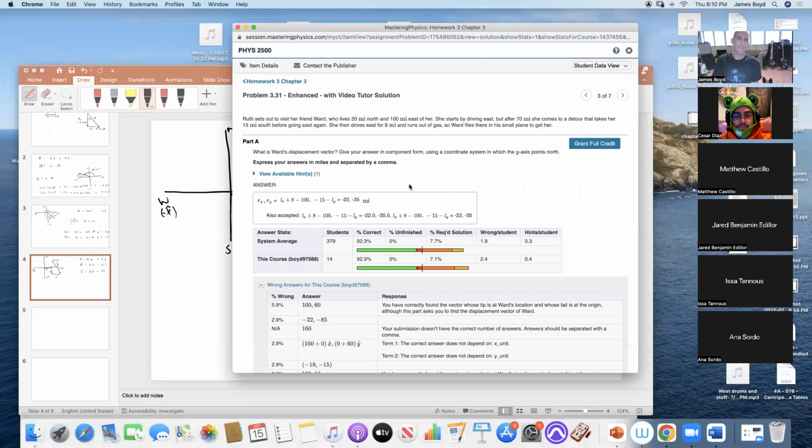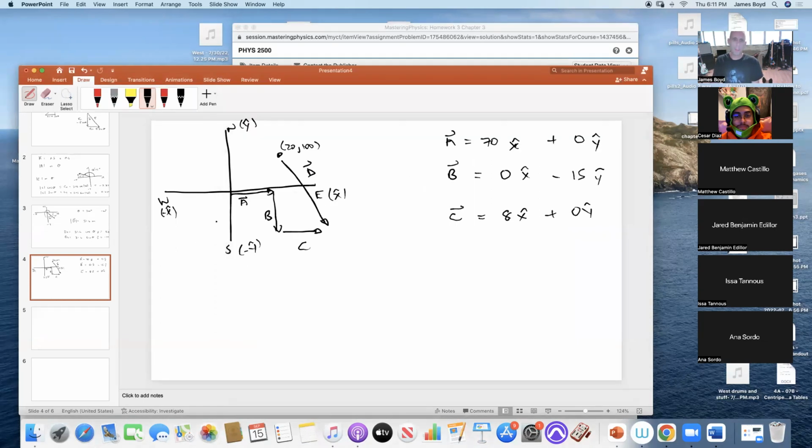Now, in order to find Ward's displacement vector, we need to do something, a little added part that may not seem necessary, but it actually makes it easier, I think. So let's call this R. And remember when we walk vectors, we're going to walk along her path.